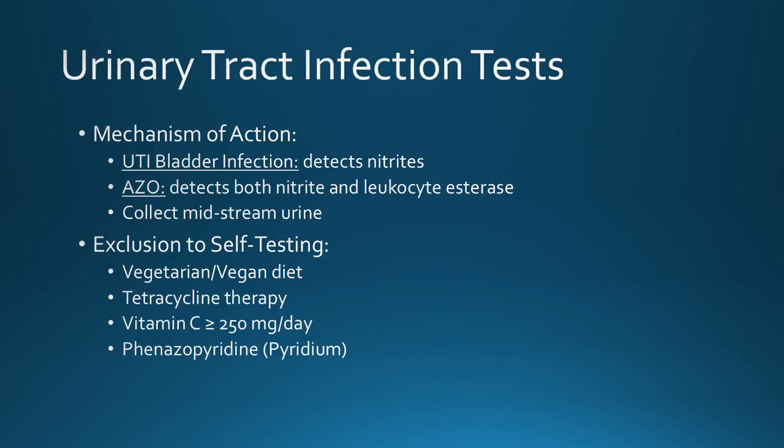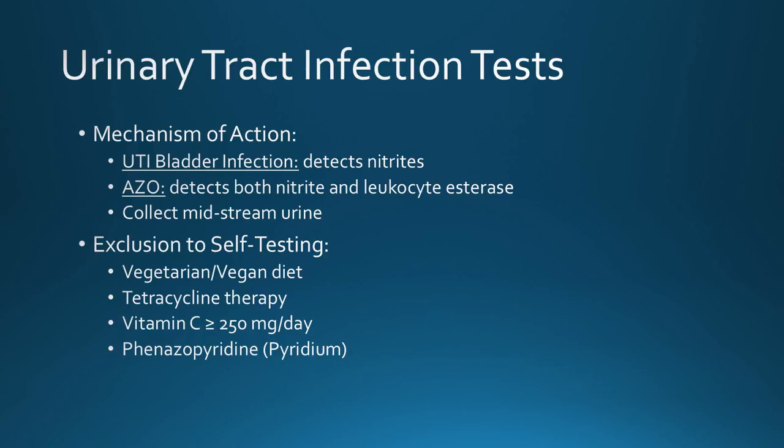There are several exclusions to self-testing for these tests, which are the most important thing for you to know. The first is a vegetarian or vegan diet, because they don't produce enough nitrite. Tetracycline therapy is also an exclusion, again because they're not producing enough nitrite.